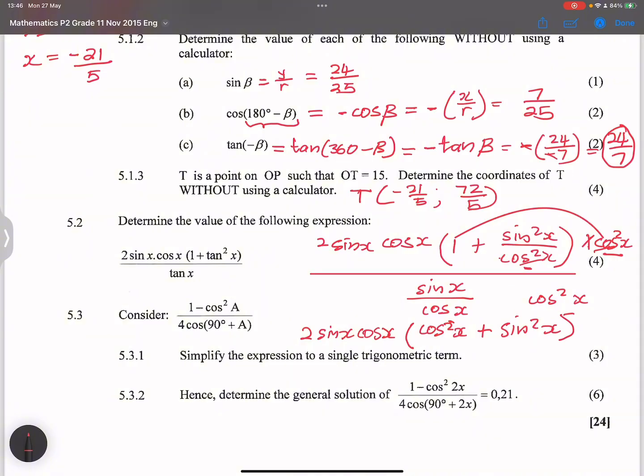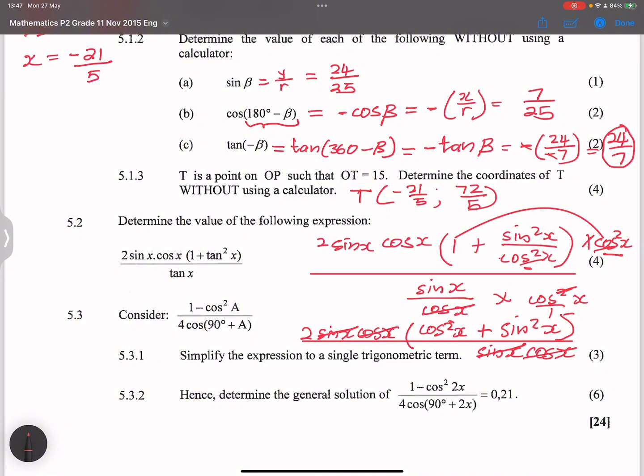Now let's go to the denominator. What do I have on the denominator? This is over 1, so that cos cancels out with one of the cos x's. So I'm left with sine x times cos x. Now notice, ladies and gents, that sine x cancels with that and cos x cancels with that.